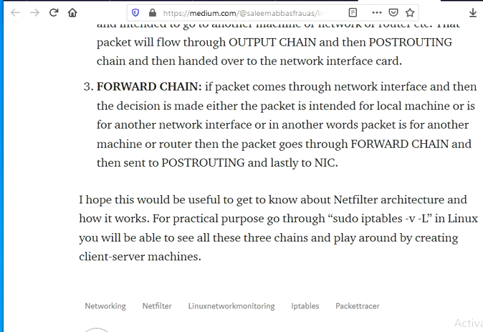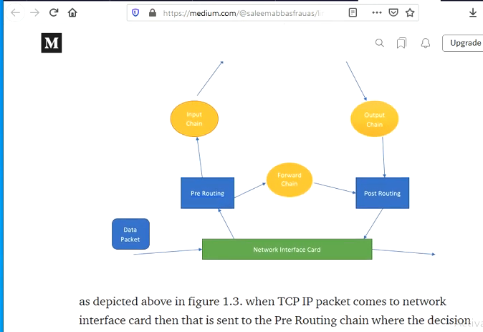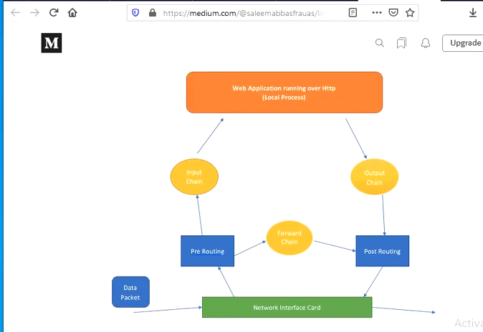Now the forward chain. You can see the pre-routing, then the input chain and network interface, as I already mentioned, then the output chain. And there is this forward chain.